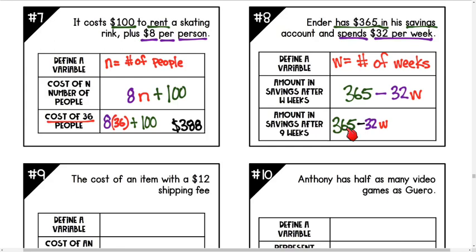Instead of writing times W, I'll go ahead and write times 9, and that's called substitution again. So I have 365 minus 32 times 9. 32 times 9, I get that answer, and then I subtract it from 365 for a grand total of $77. So after 9 weeks, he'll have $77 left in his account.